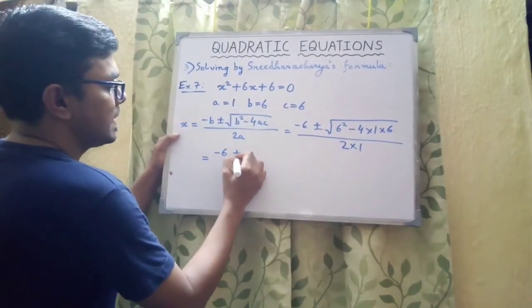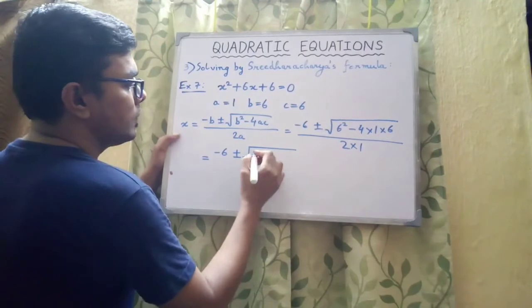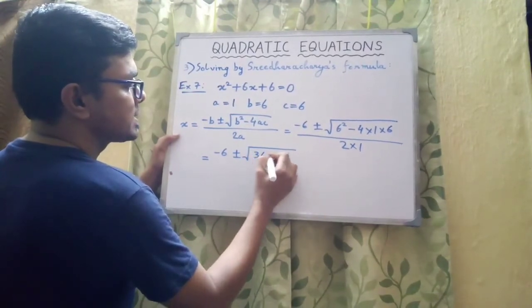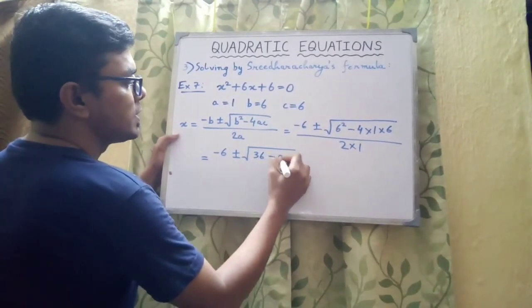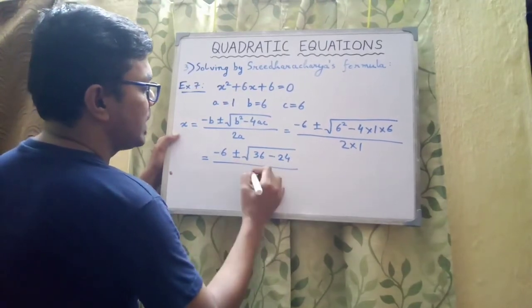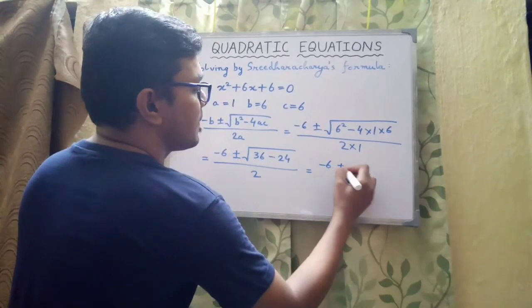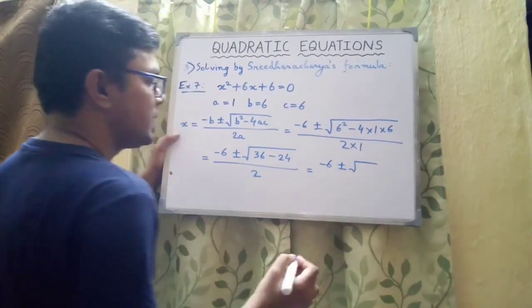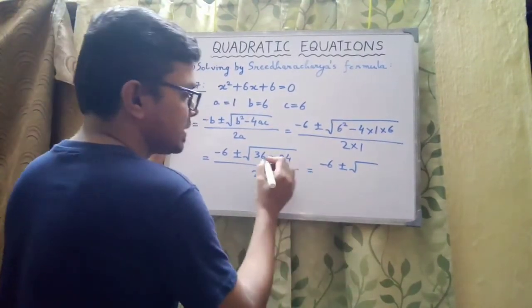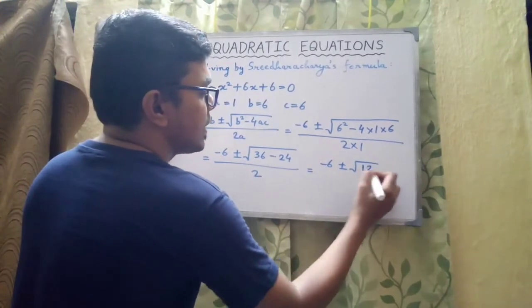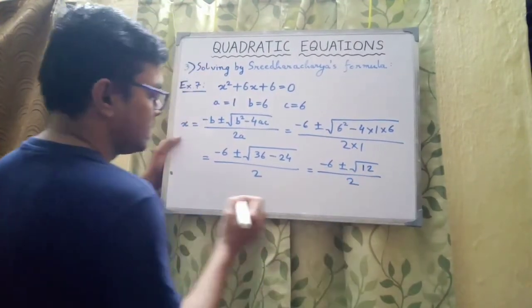Minus 6 plus minus root over of 36 minus 24 whole by 2, that equals to minus 6 plus minus root over of, now 36 minus 24, that is 12 by 2.